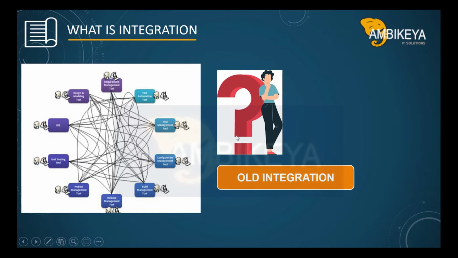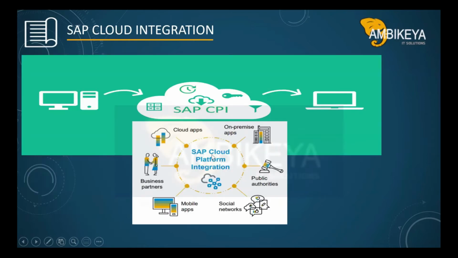Because of that, middleware came into the picture. Every system is connected to this middleware. If you want to trigger anything or send any message, it will be routed through your middleware. Now, you can see here, this is SAP cloud integration.